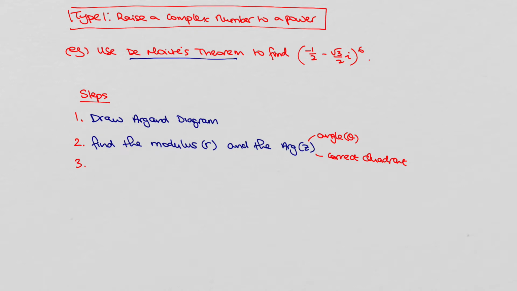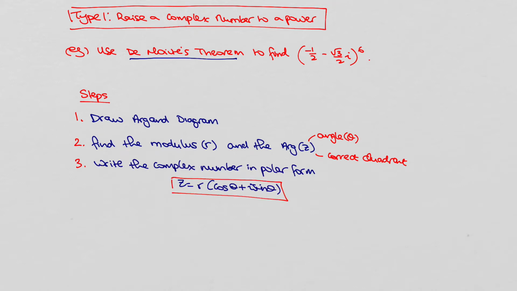So the third step then is to make sure that we write our complex number in polar form. You've just calculated the modulus r and you've just calculated theta, the angle. So to write it in polar form, it's r cos theta plus i sine theta. And note that the angle theta can either be in degrees or radians.